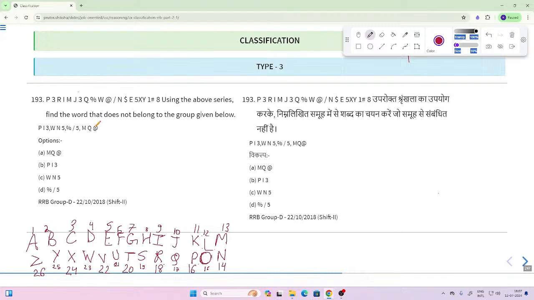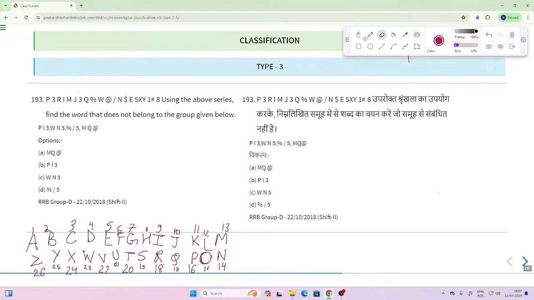Again, using the above series, find the pair that does not belong. Here the letters move 1, 2, 3 units away, and then 1, 2, 3 units, and then 1, 2, 3 units again. The pair in option D is the odd one out.